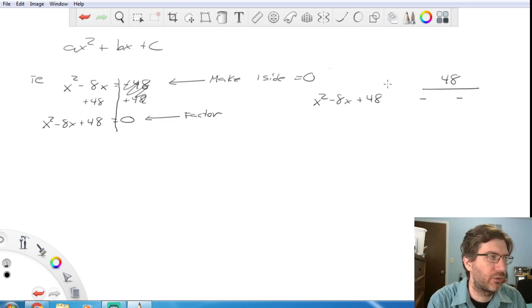I'm not sure this is factorable. Some of them aren't factorable. That's another option you have. Some of them aren't factorable, and then you're going to have to use your quadratic equation. Pretty sure I just made this problem up, so it might not be factorable. And that actually might have been why I put it on there, because some of them you just can't do.